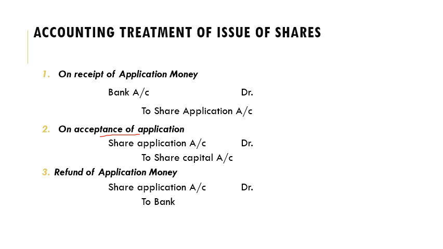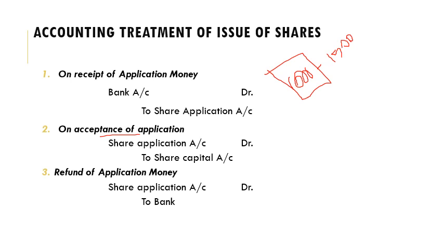Then in some cases, the company will receive excess application money. Suppose a company issued 1000 shares, and the company received applications for 1500 shares. The company can allot only 1000 shares, but applications are received for 1500, which means 500 additional, or excess, shares.